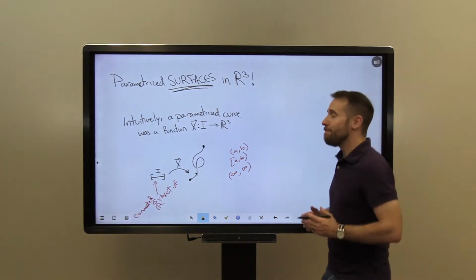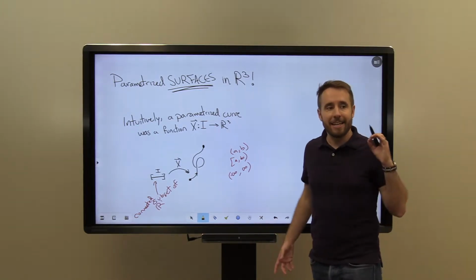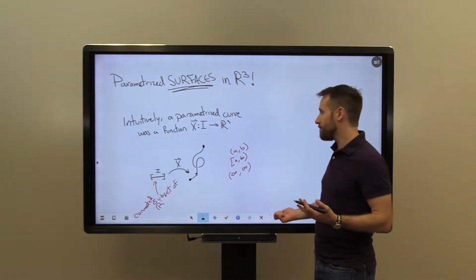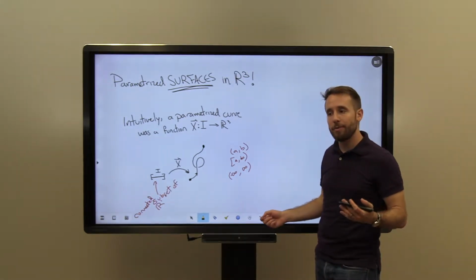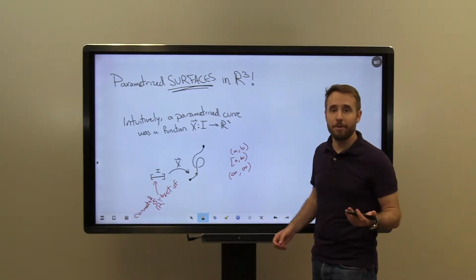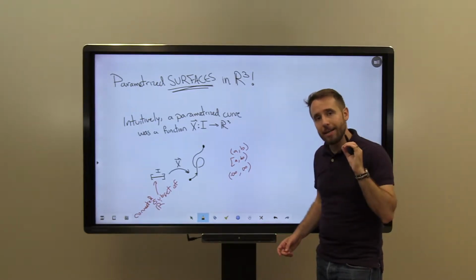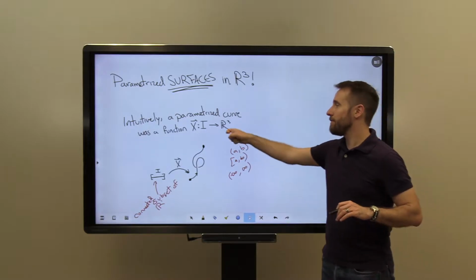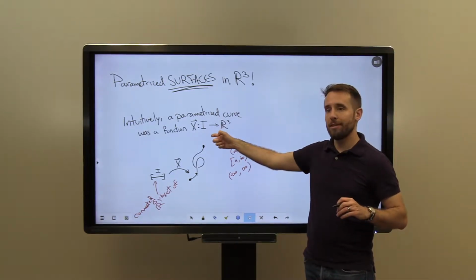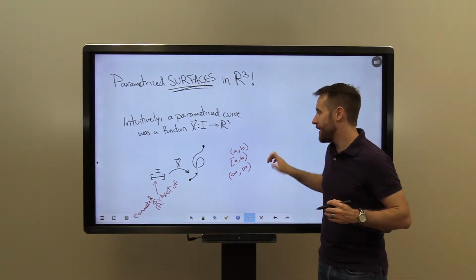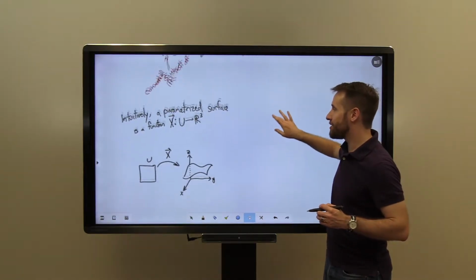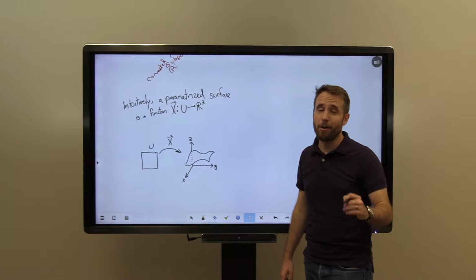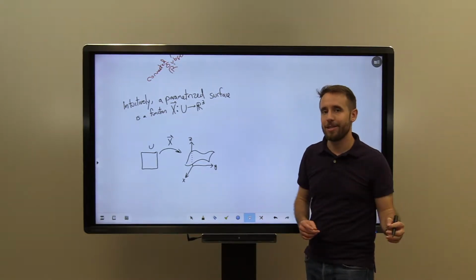But typically, it's a connected subset of R1, aka an interval, either open or closed or half open or infinite. So intuitively, if our parametrized curve was a function from a subset of R1 into R3, then our parametrized surface, intuitively, is going to be a function from a subset of R2 into R3.